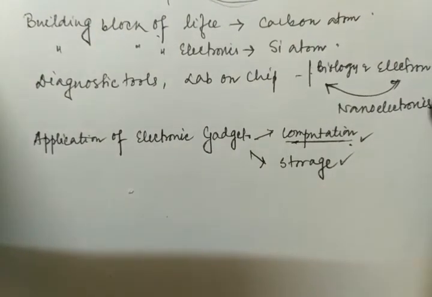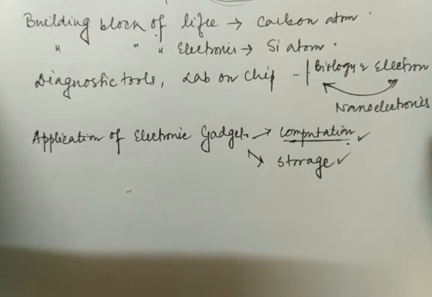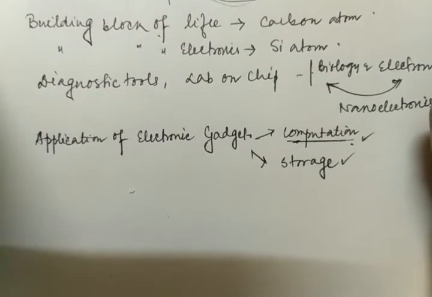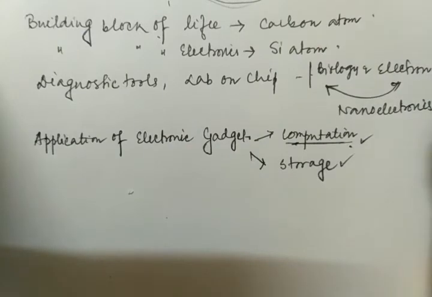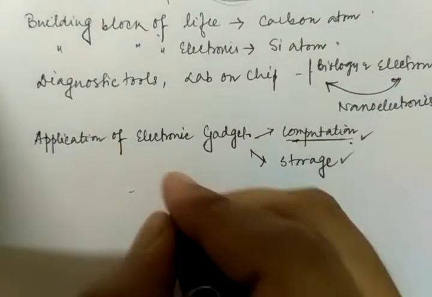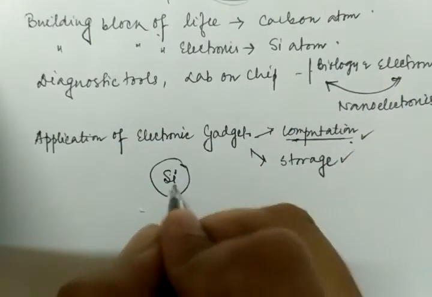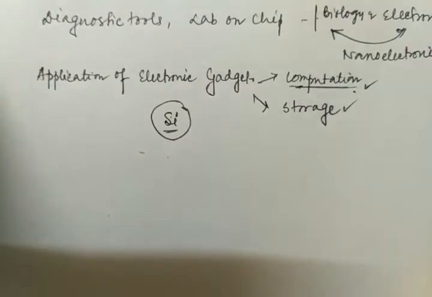So we create intelligence day by day in the field of electronics with the help of nanotechnology, right? And the material we are using in electronics is silicon. So we are creating intelligence in silicon, a basic semiconductor material that we use in all kinds of devices.